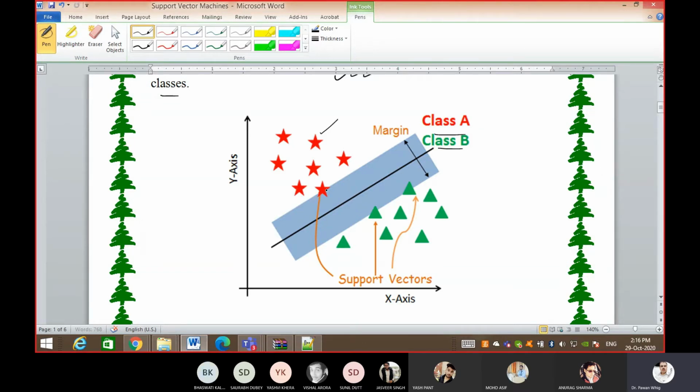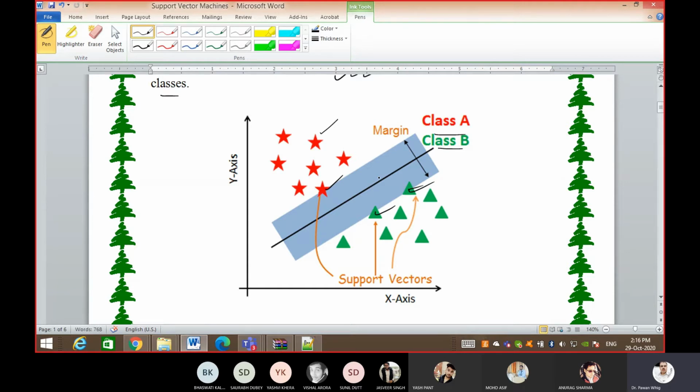And the data on the boundaries, these are what we call support vectors. This is what we call a support vector. And this is the margin area basically, where no data is present, a boundary which subdivides the data into two groups.